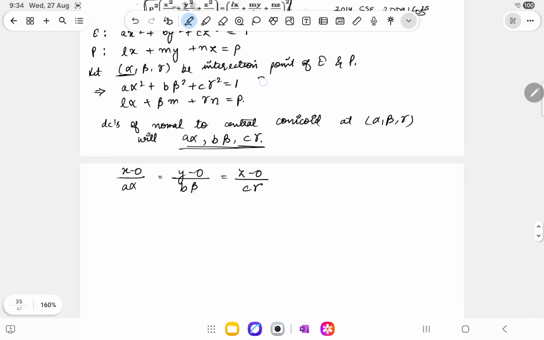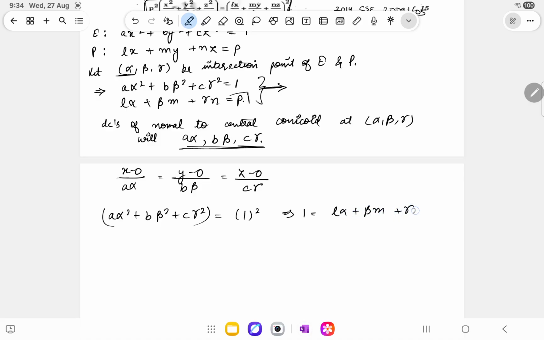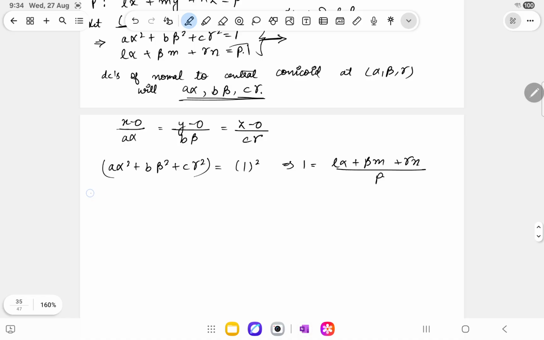So the equation of the cone from here: we have a alpha square plus b beta square plus c gamma square is equals to 1 square, and from this I'll get my 1 as alpha L plus beta m plus gamma n by p. So using the homogenization method, I'll get my equation of cone as a alpha square plus b beta square plus c gamma square is equals to alpha L plus beta m plus gamma n by p whole square.